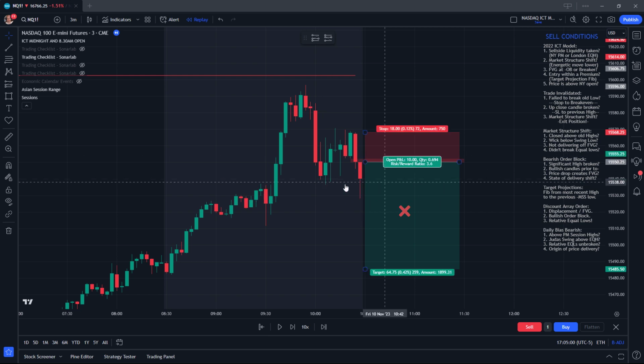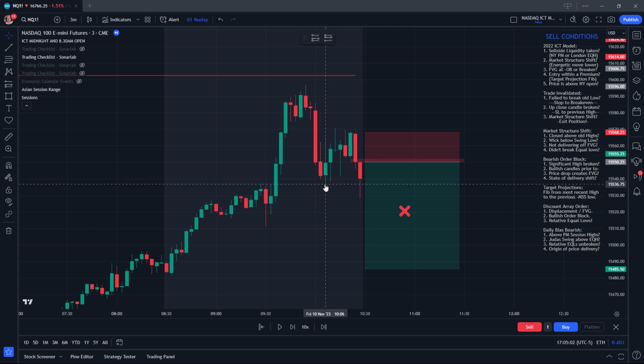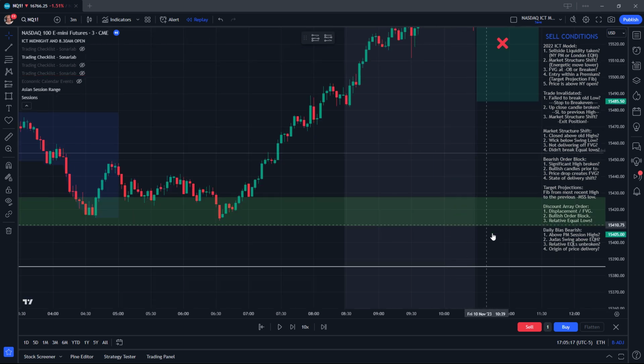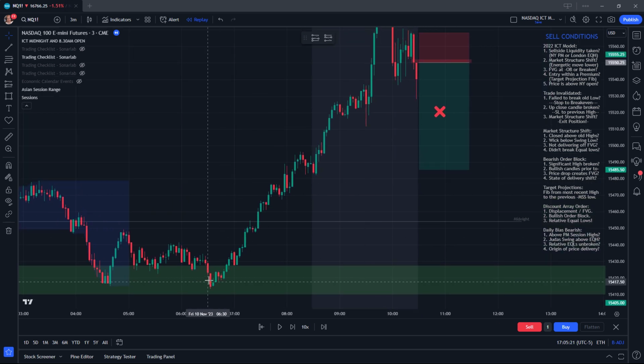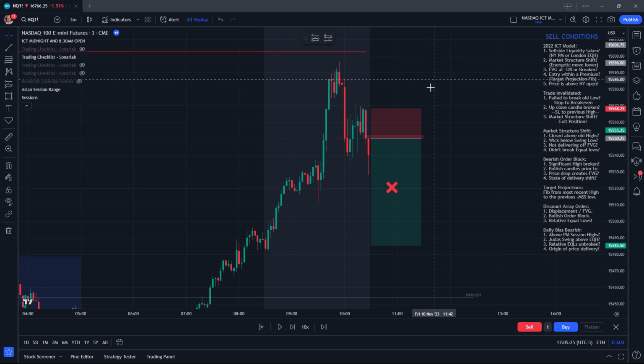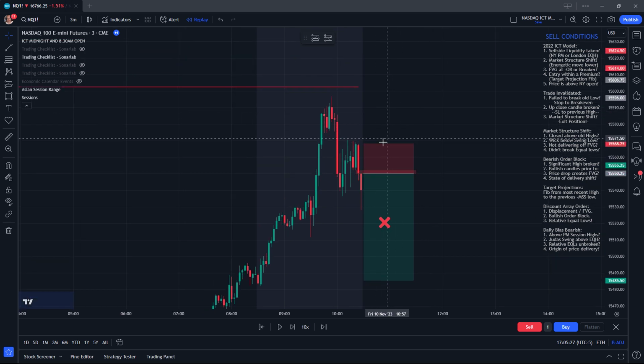Yes. But they weren't equal lows, were they? No, they weren't, that's fine. And finally, is it delivering off a fair value gap, tying back to the daily bias? Yes, it actually is. It's originating from a buy-side imbalance PD array, which invalidates us going short here.